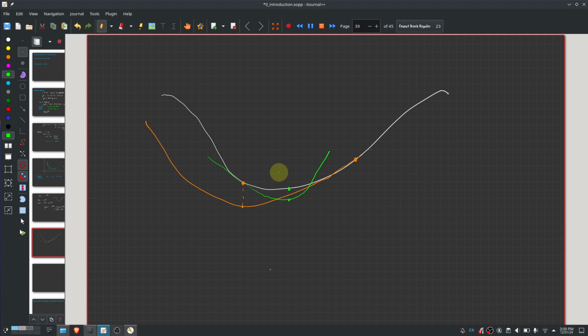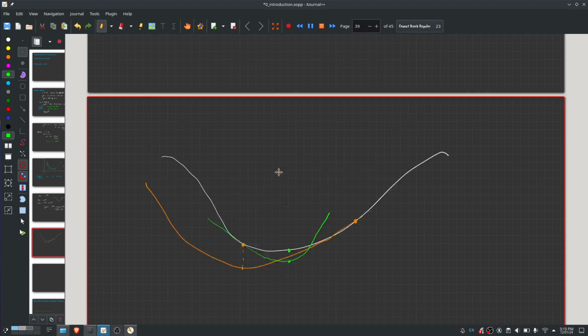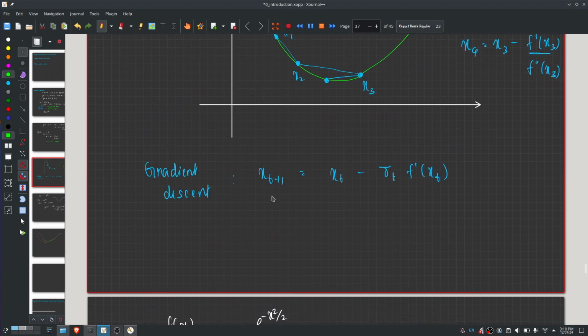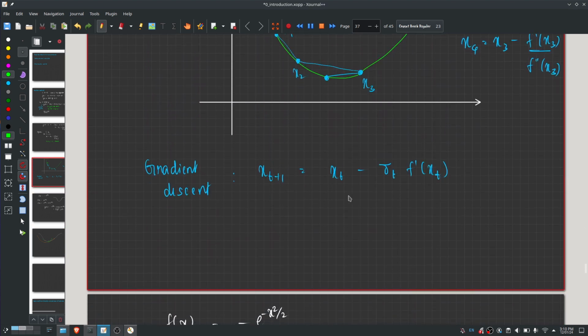You can sort of construct toy examples where you just keep oscillating, right? But instead, if you know that the function is not convex, then a better algorithm to use is gradient descent, which is always guaranteed to move in the direction of the minimum.